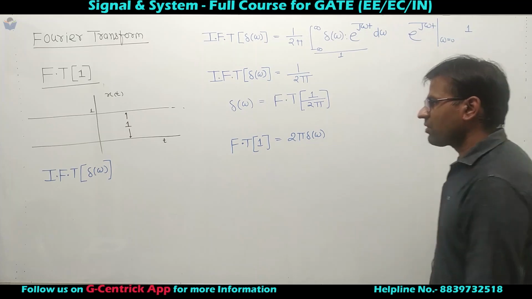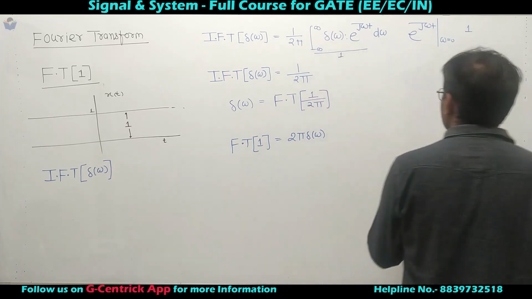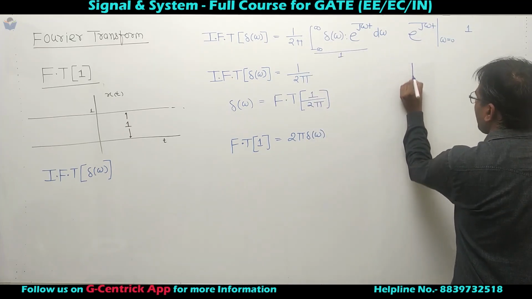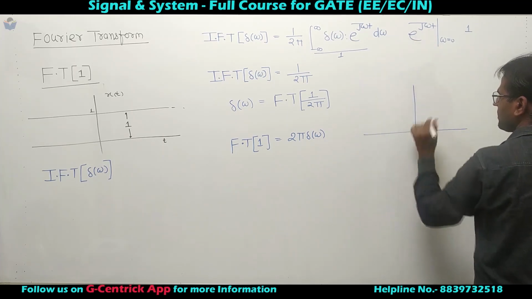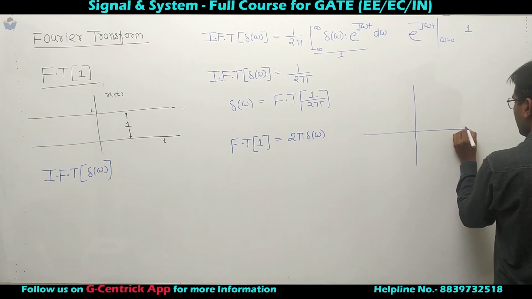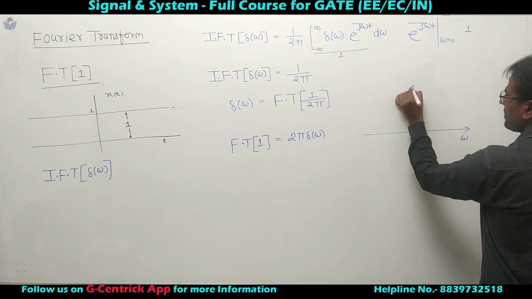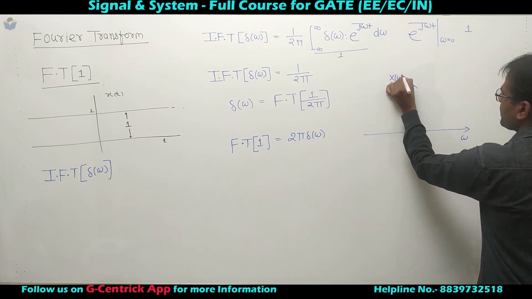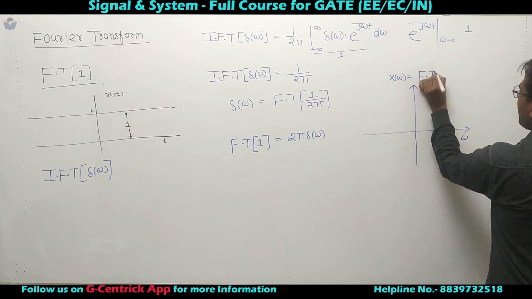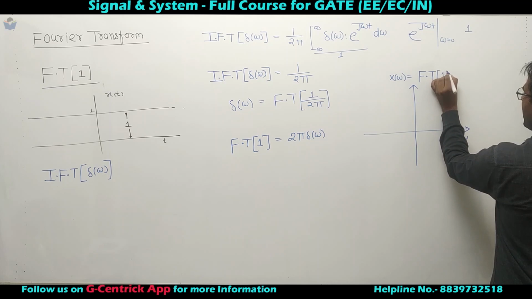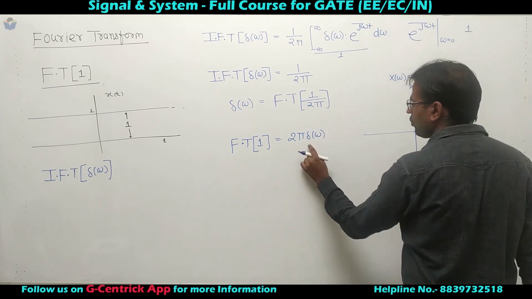So what is the Fourier transform of 1? I can draw the spectrum. That is X(ω), which is the Fourier transform of 1, and this value is 2πδ(ω).